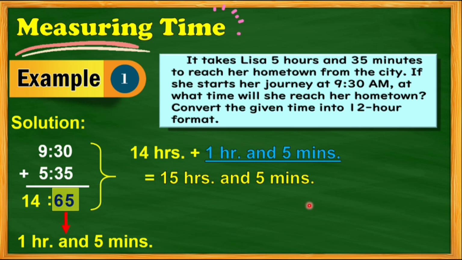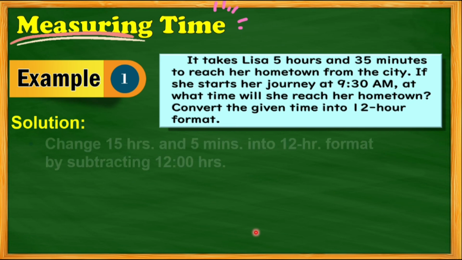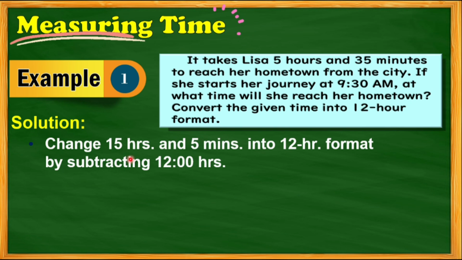This should be the time Lisa will reach her hometown. Now, let's convert this given time into 12-hour format. Change 15 hours and 5 minutes into 12-hour format by subtracting 12 hours.